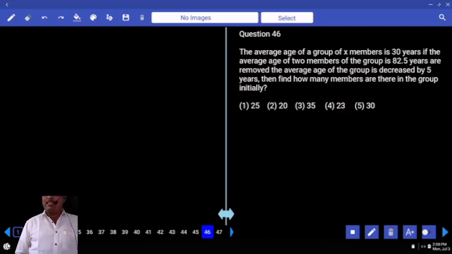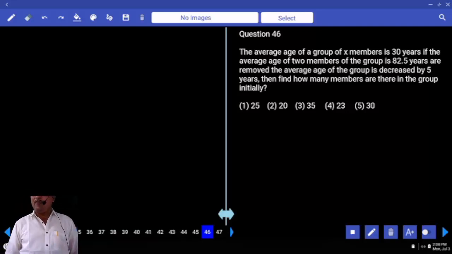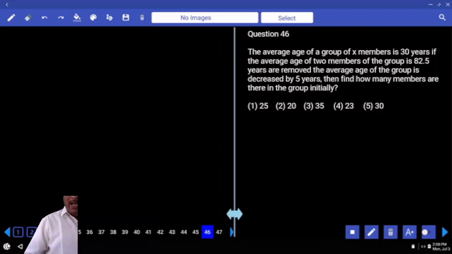Now 46. The average age of a group of X members is 30 years. If 2 members of the group whose average age is 82.5 years are removed, the average age of the group is decreased by 5 years. Then find how many members are there in the group initially. Initially there are X members in the group. What is their average age? 30 years.